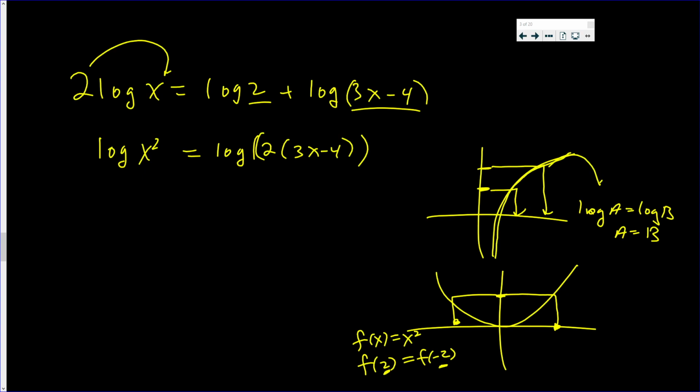If it did that, then I can hit a particular y value. I can hit this y value by taking log of this number and taking log of that number. I can take log of A and log of B and get the same answer. But logs don't do that.